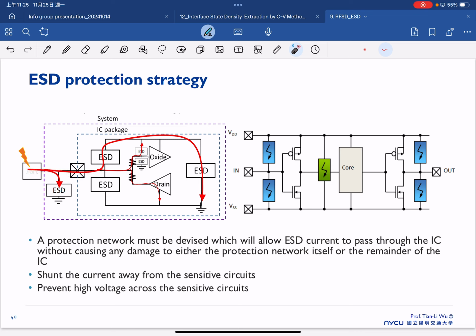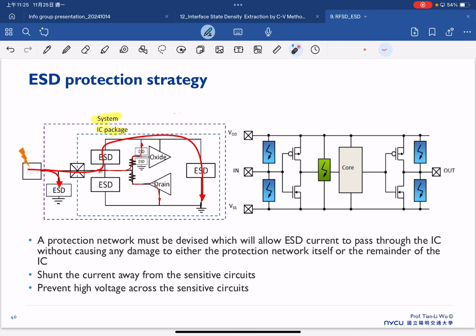So this is the system. This is the packaging. Still a certain voltage will enter the IC packaging, so we need to add additional ESD protection. For example, we place the ESD clamp here, then we can make sure the voltage and the current flow away.